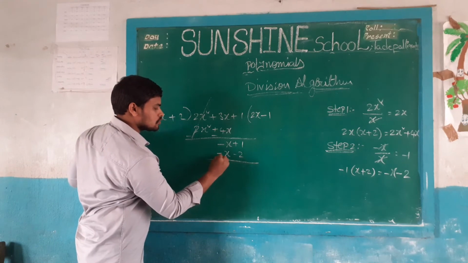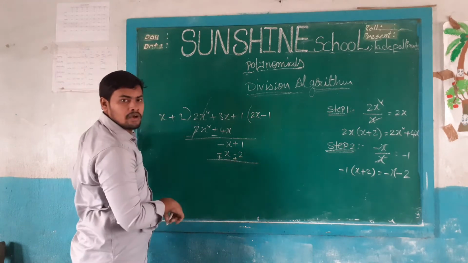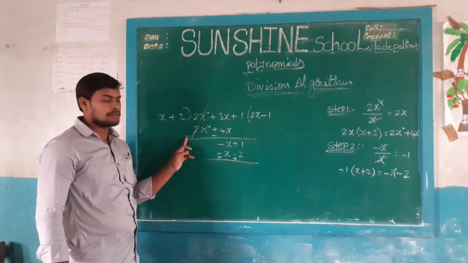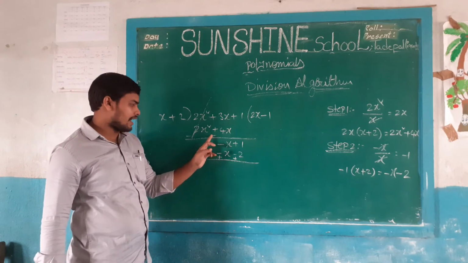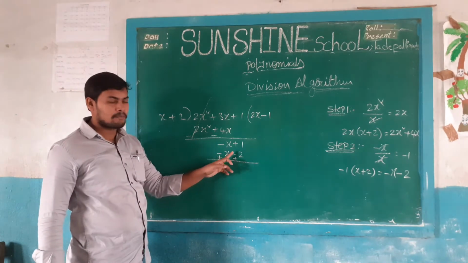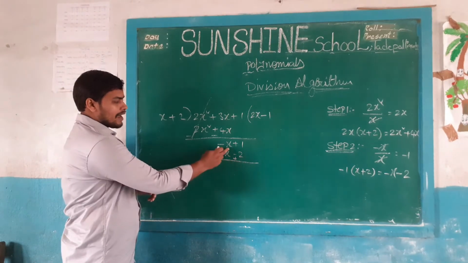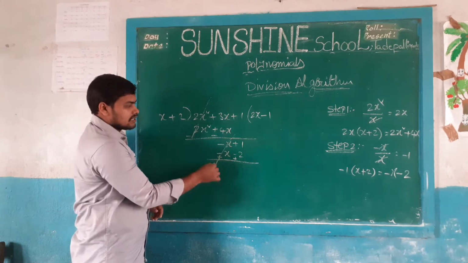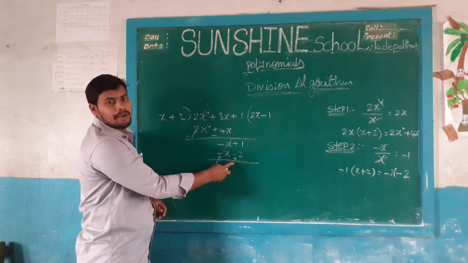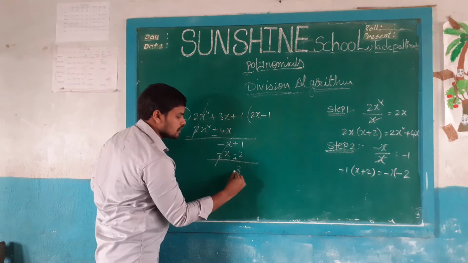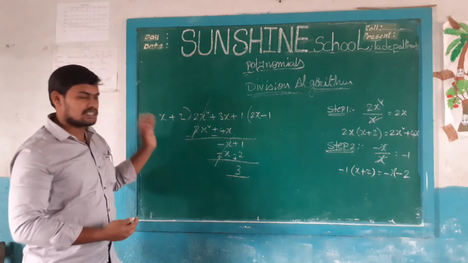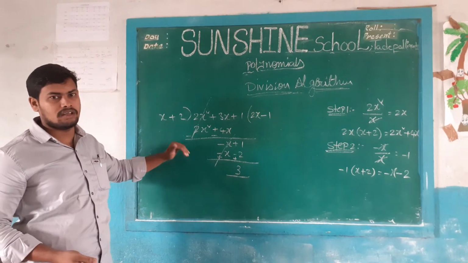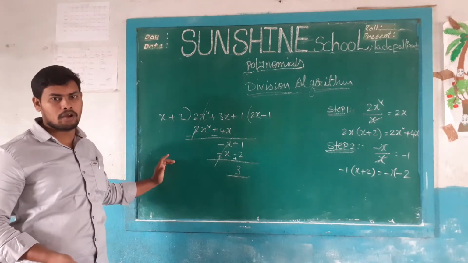So minus turns to plus, and minus turns to plus. Here plus turns to minus, plus turns to minus. Here minus turns to plus, minus turns to plus. So minus x plus x cancel. Plus 1 plus 2, the result is 3. Okay. This is the process of dividing a polynomial by another polynomial.